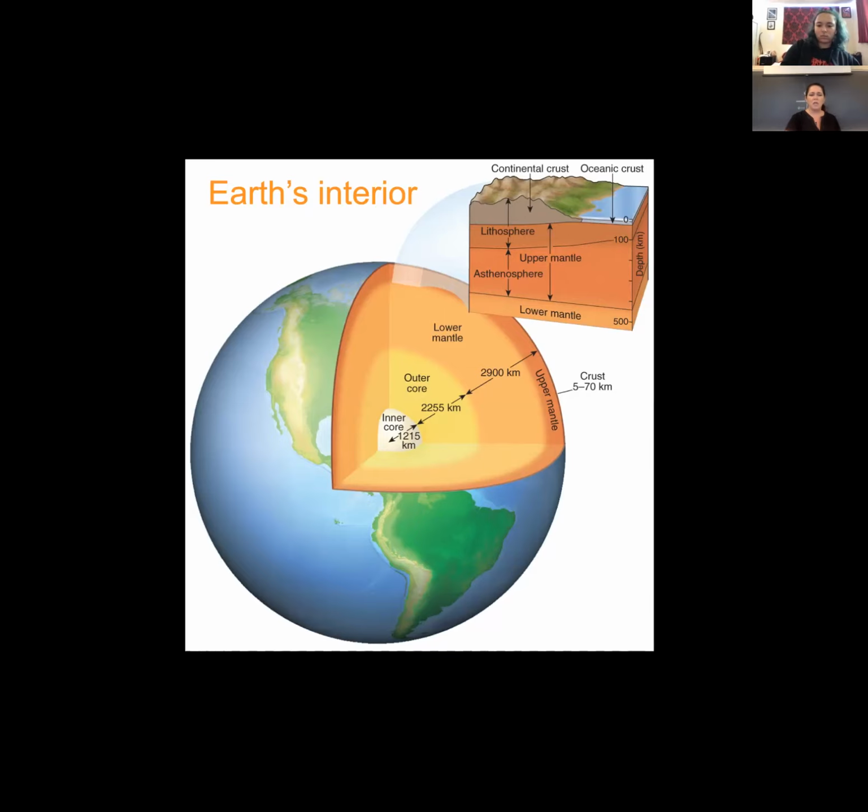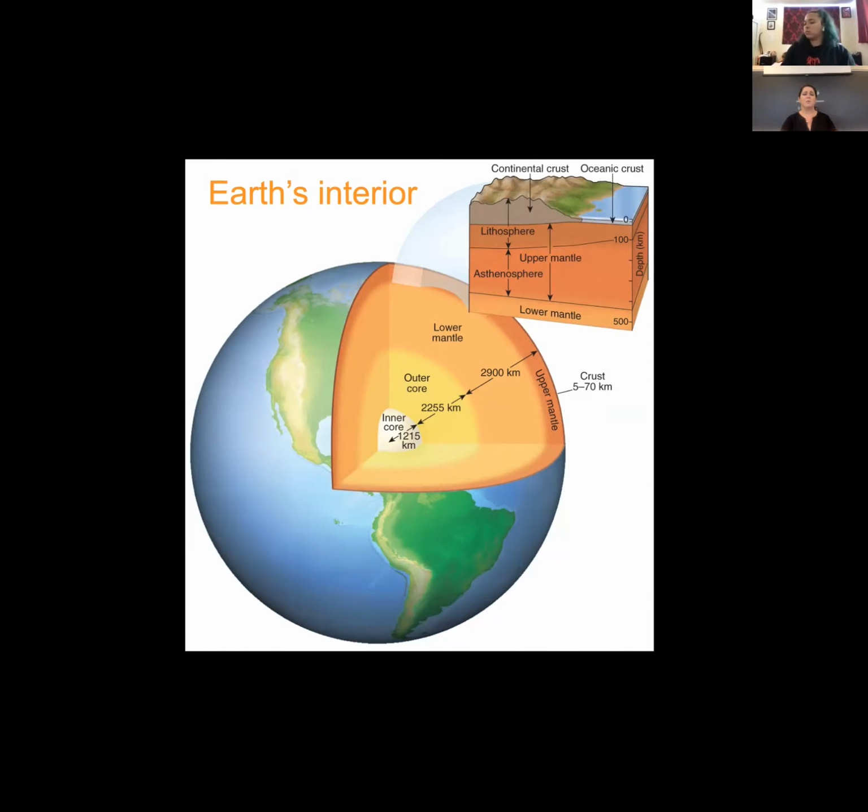The inner core, again, is completely solid. The immense pressure at that point overtakes the heat and whatever is driving the heat, maybe the breaking down of radioactive elements could be driving some of this heat that's still in the outer core and the inner core too.